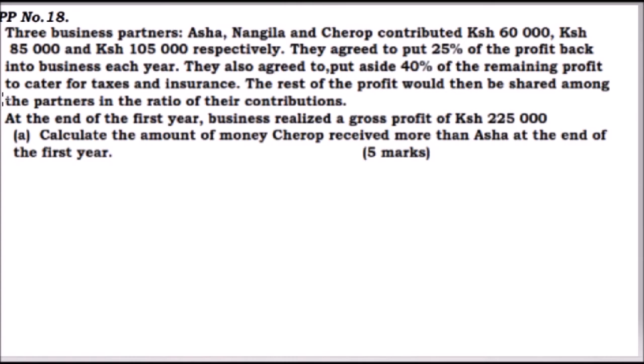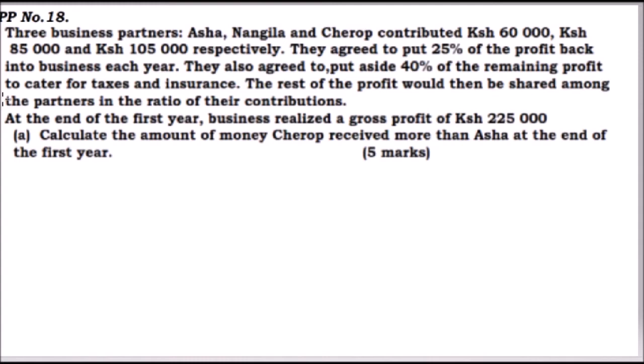The rest of the profit would then be shared among the partners in the ratio of their contribution. At the end of the first year, the business realized a gross profit of 225,000. Calculate the amount of money Cherop received more than Asha at the end of the first year.